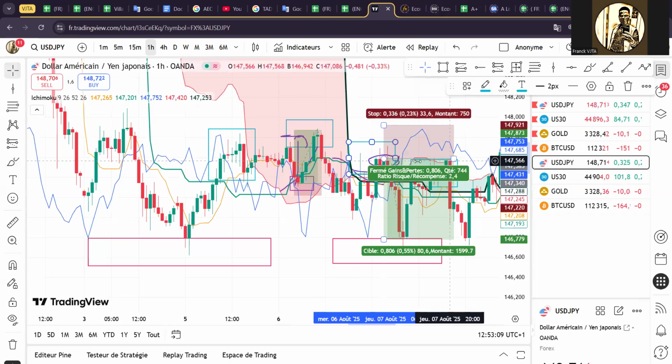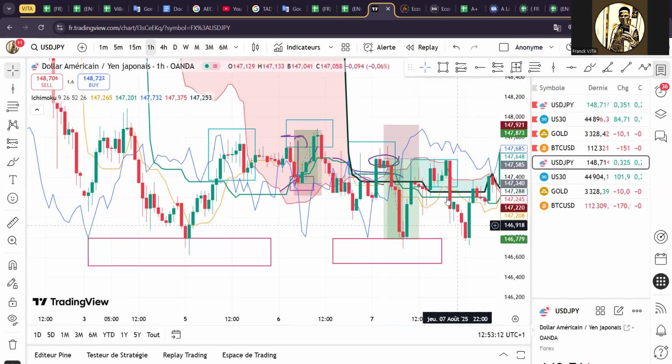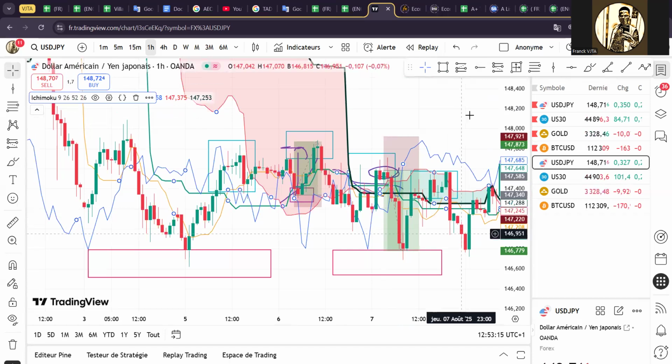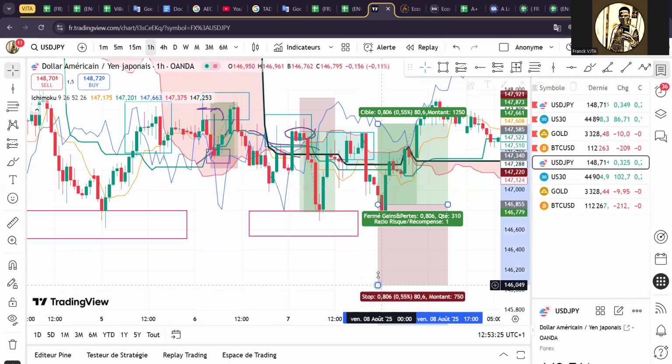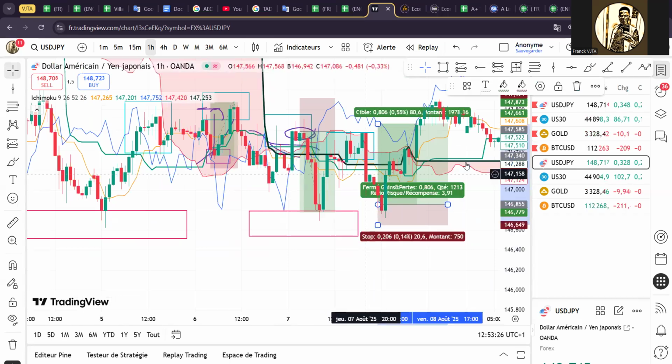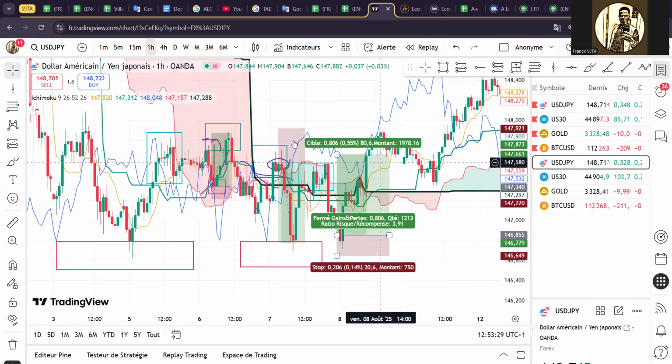So you see how dynamic it is, right? And even at this red candle, it changes the orientation. It gives you a buy at this level. And it becomes something dynamic.